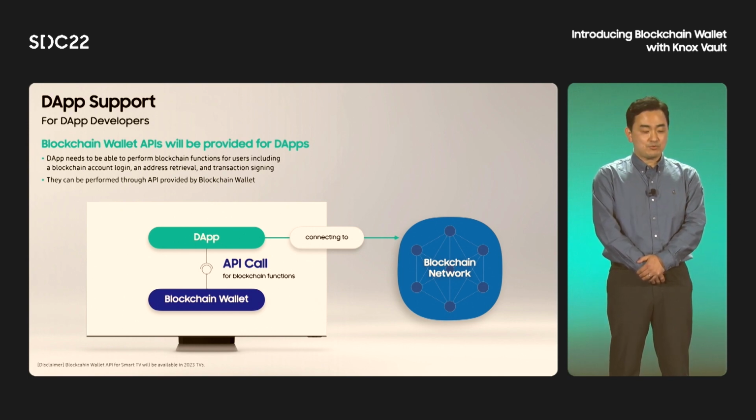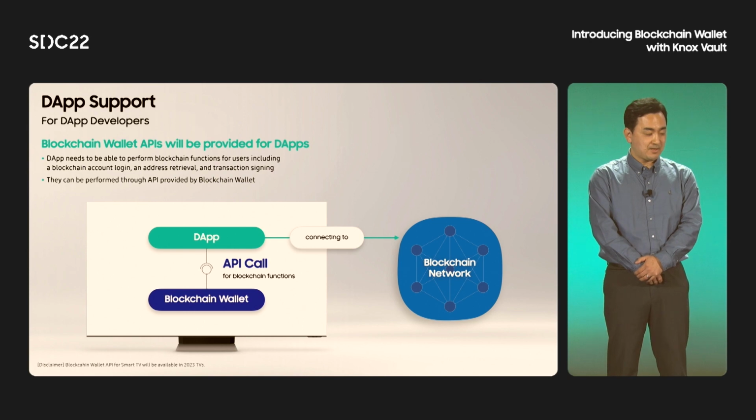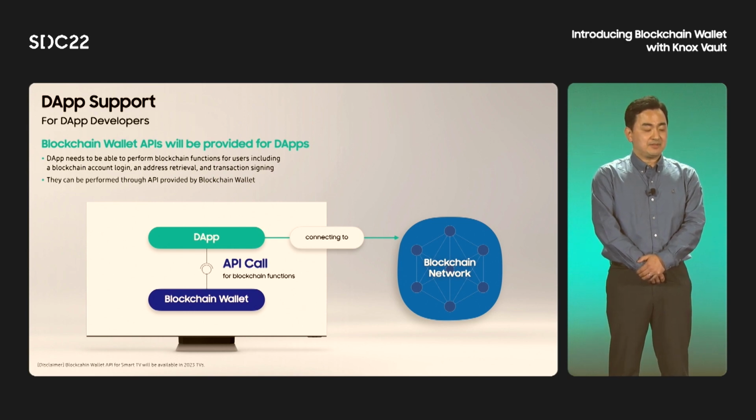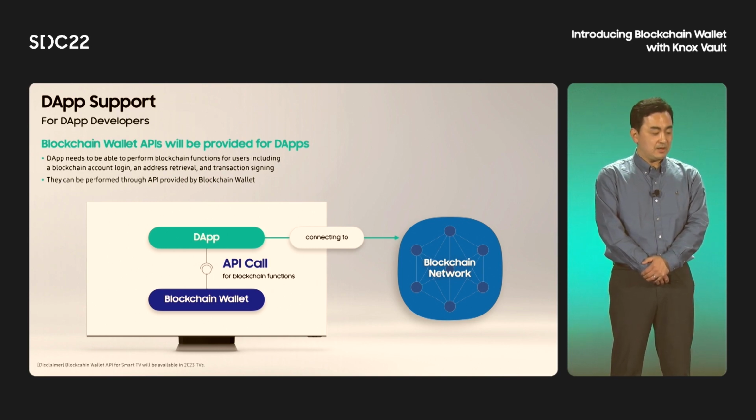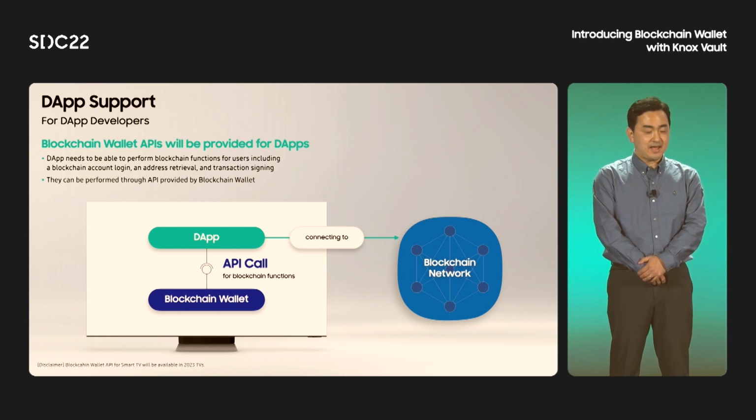Our blockchain wallet provides APIs for those functions to support DApp on TV. Therefore, DApp developers can conveniently make their TV DApp connect to a blockchain network by embedding those functions through the APIs. The APIs will be available along with our blockchain wallet app in 2023 Samsung Smart TVs.